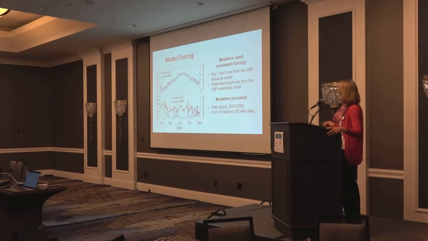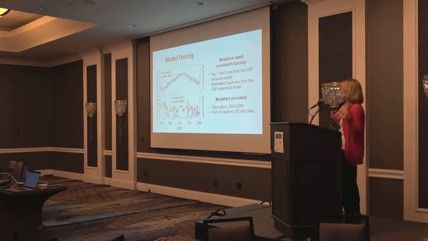Here in red, the bay temperature is shown, and down here we have bay salinity, for just an example year, 2003, but we provided it for the full 2003 to 2006. Also, we've got the watershed inputs. All the models use the same watershed inputs, so the same runoff. Here we have the freshwater runoff in blue, shown again for 2003. This is Hurricane Isabel, the big spike there.